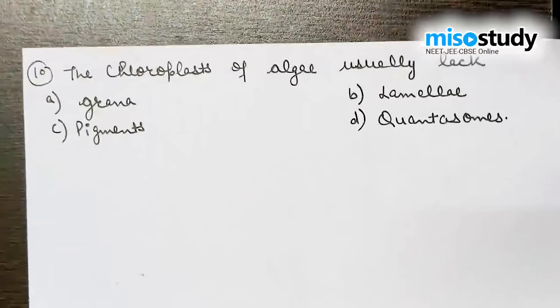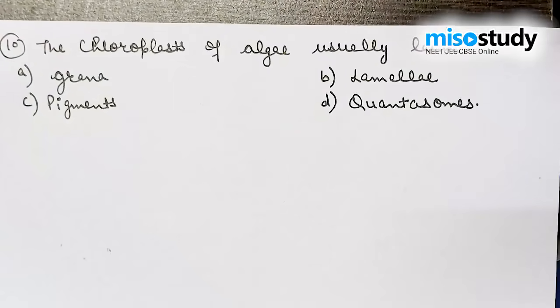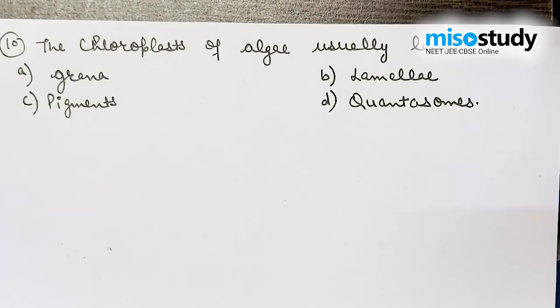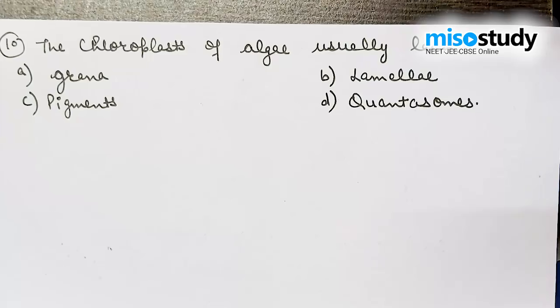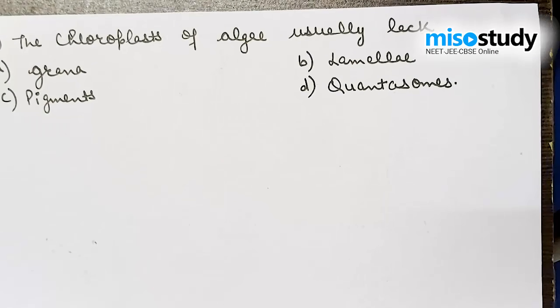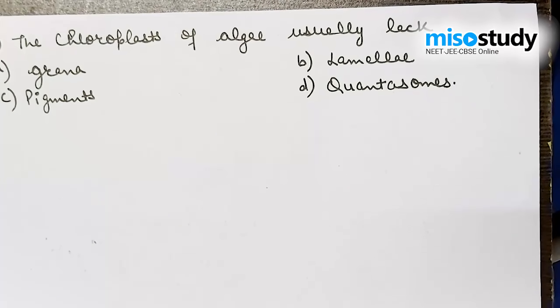So move on to the next question from the plant kingdom: the chloroplast of algae usually lacks. Here are four options. A includes grana, B includes lamellae, C includes pigment, and D includes quantasomes.